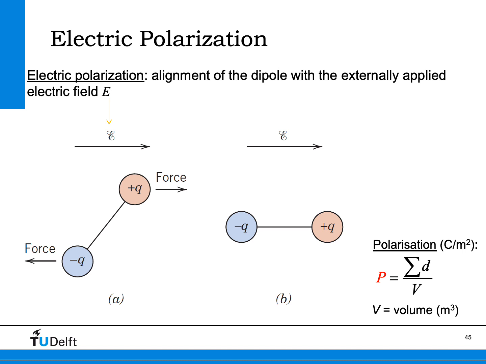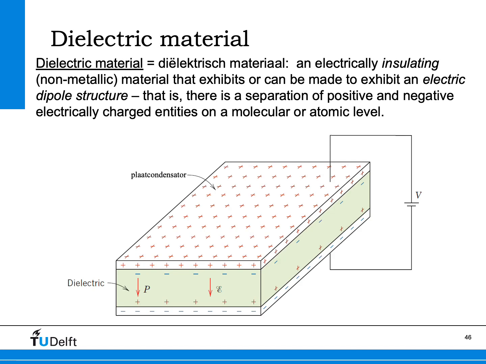What is a dielectric material, or in Dutch a dielektrisch materiaal? Well, it's an electrically insulating, non-metallic material that exhibits or can be made to exhibit an electric dipole structure. That is, there is a separation of positive and negative electrically charged entities on a molecular or atomic level.